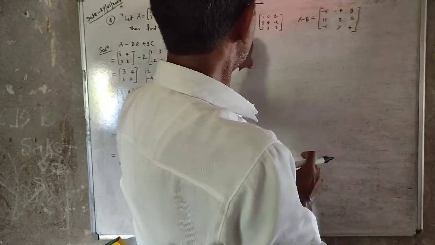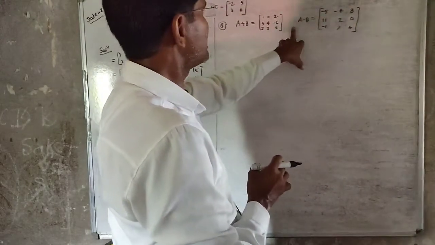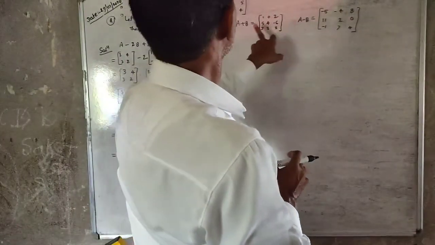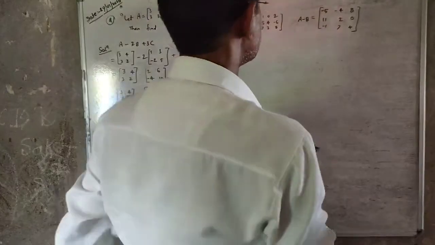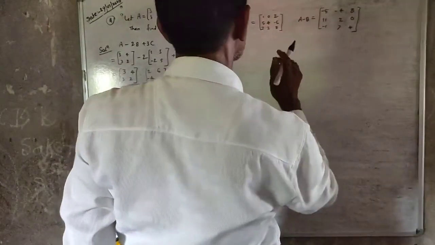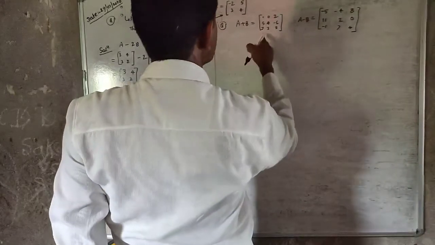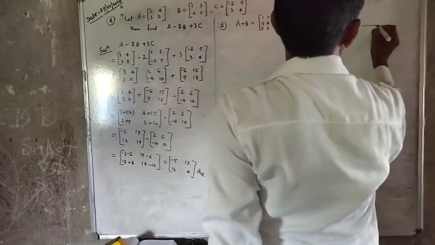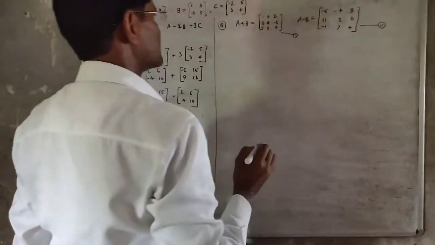If we add A plus B and A minus B, then we can find the value of A from this relation, this equation. Suppose that this equation is first and this relation is second.